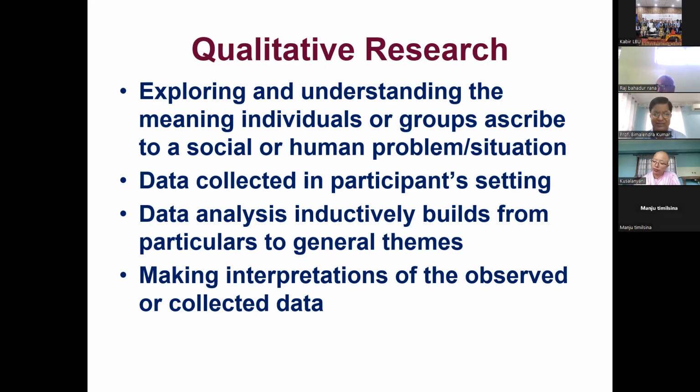Qualitative research is generally related with exploring and understanding the meaning that individuals or groups ascribe to a social or human problem.